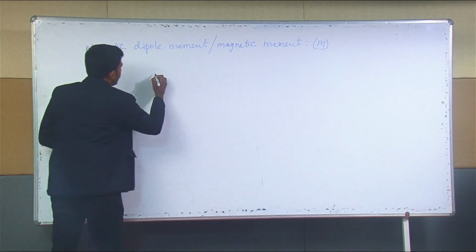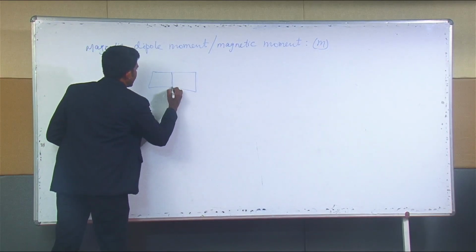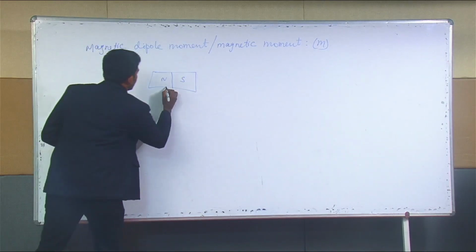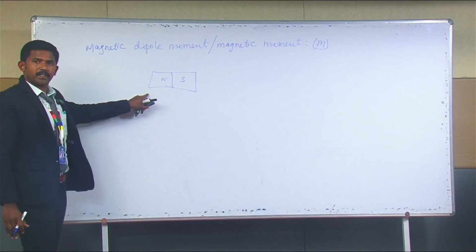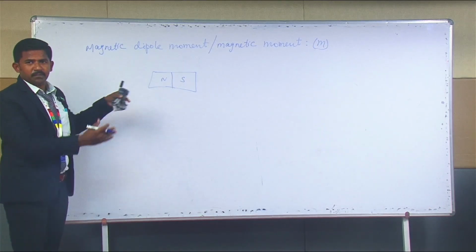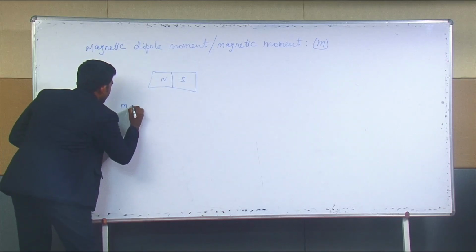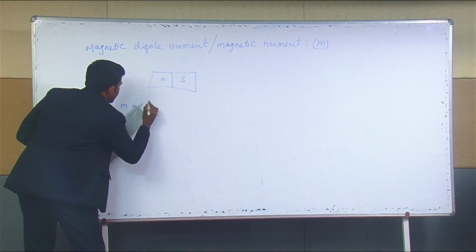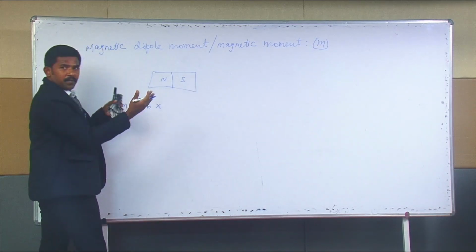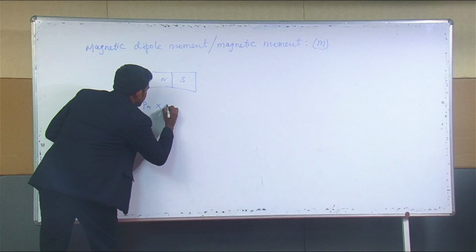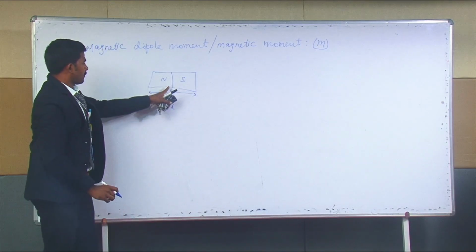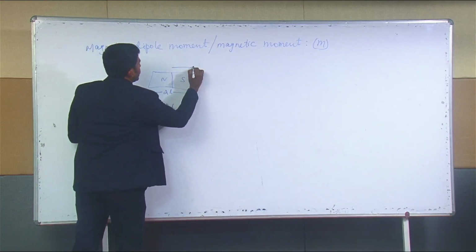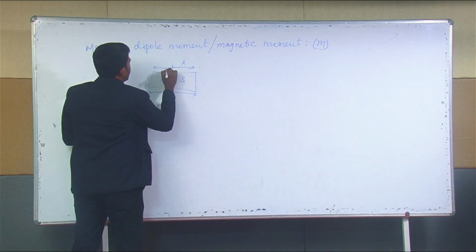If you consider the bar magnet, the dipole moment is nothing but the product of pole strength and the distance between the two poles. So m is equal to pole strength, for example I will denote it as Pm, into the distance between the poles. So this is 2L, because from the center to this end is L, and this side is also L.